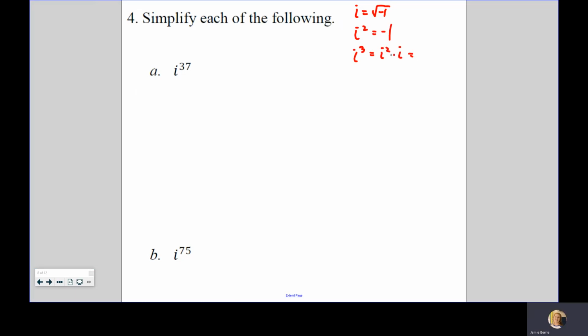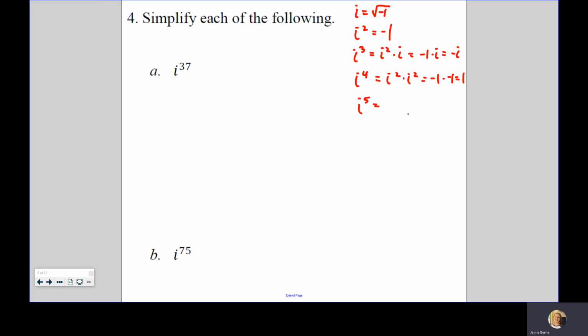We know that i squared is -1, so that's -1 times i, or just -i. All right, and then i to the fourth is i squared times i squared, which is -1 times -1, which is just 1. And then the pattern starts to repeat.